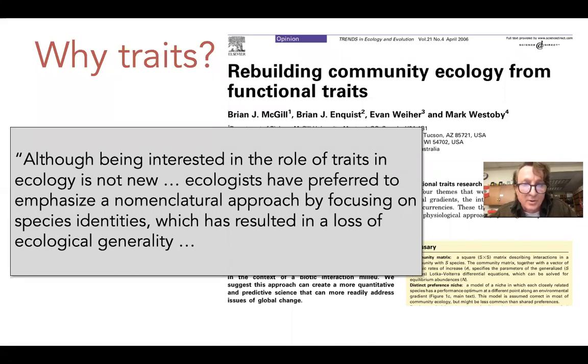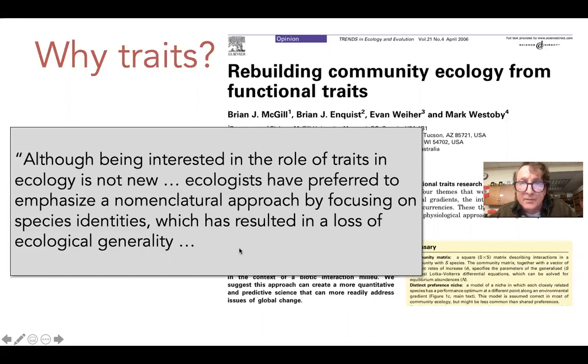Historically, ecologists have preferred to emphasize a nomenclatural approach. That is an approach of going out in the world, putting names on species, and looking at species diversity. Okay? This nomenclatural approach focuses on species identity, and in general we think that this has resulted in a loss of ecological generality.